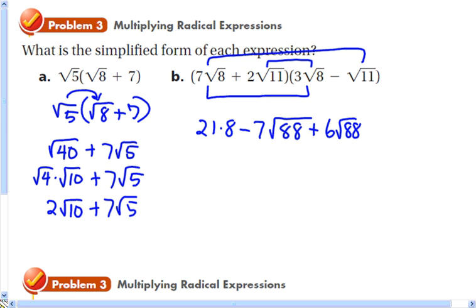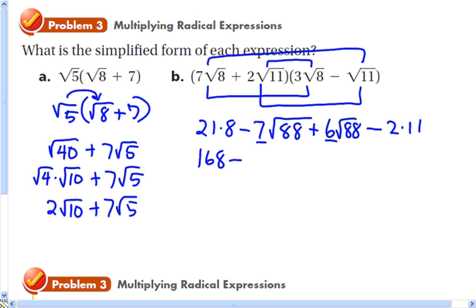And then the last two would be those two. We get 2 times, there's a negative there, and square root 11 times square root 11 is 11, so 2 times 11. We'll simplify that now, and we get 168 minus, these are like terms, so I can just combine negative 7 and 6.